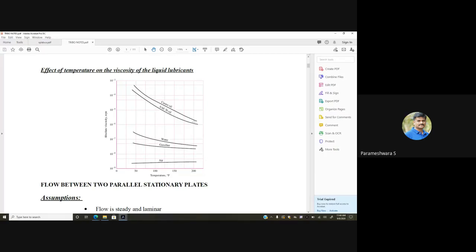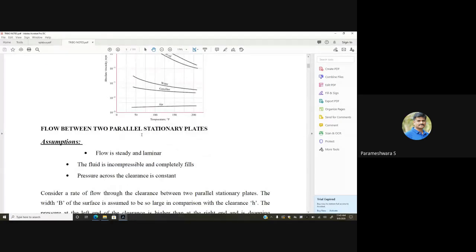The lubricant in the heat engine also heats up, and definitely the viscosity comes down. When viscosity comes down, it cannot serve the purpose of lubrication effectively. So a good lubricant should retain its viscosity even at high temperature. For that reason, they add some additives. That is the requirement.